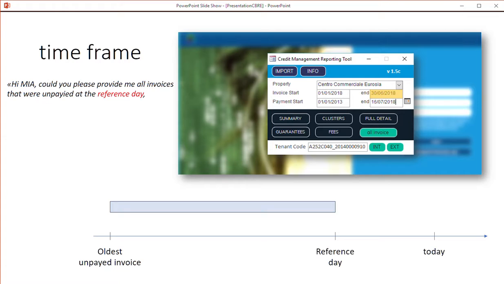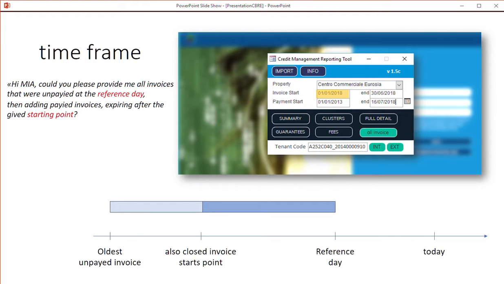So it is like asking MIA, please give me all the unpaid invoices from the beginning to the reference day. But there was also the need to add invoices expiring after a certain start point, even if they were paid.